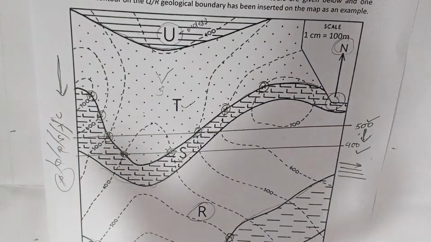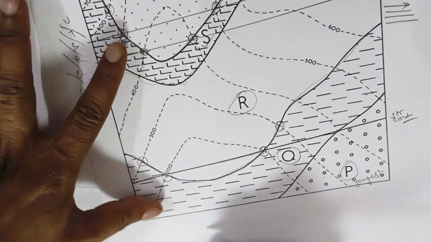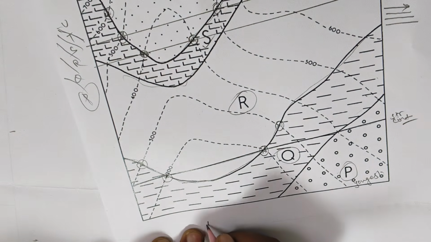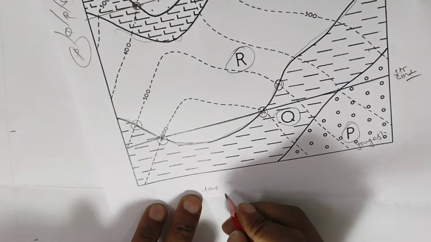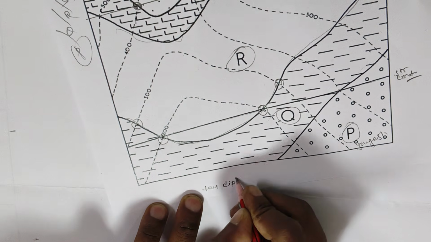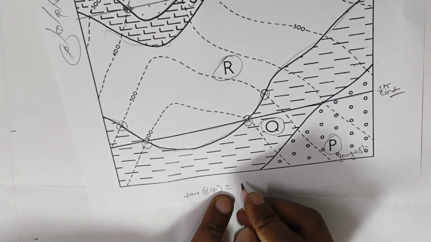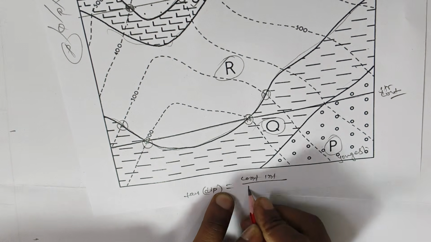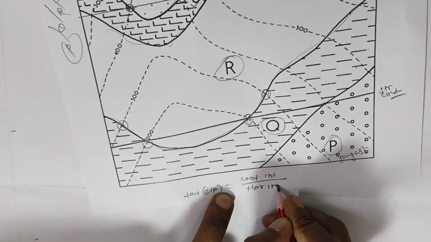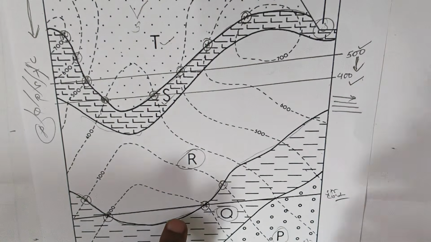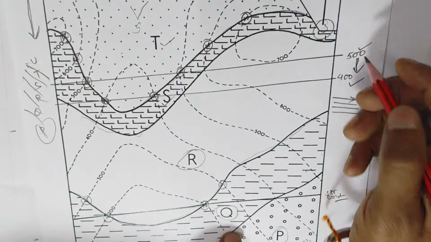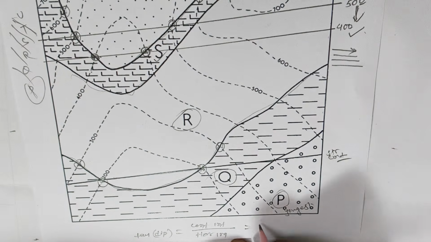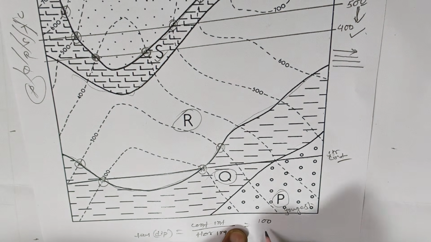Now we will calculate the dip. For dip calculation, we use the formula tan dip equals contour interval divided by horizontal equivalent. The contour interval between these 2 is 500 minus 400, which is 100.